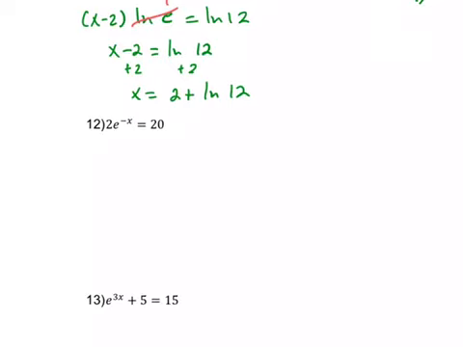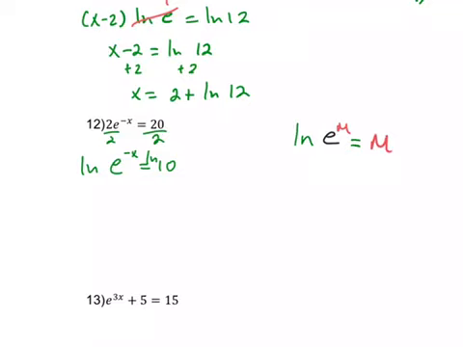On number 12, my first step, I'm going to divide by 2 because I want to isolate that e. So that means that I have e to the negative x equals 10. Right? So now I can apply the natural logarithm to both sides of the equation. So there's another property that we can also use. That means that the natural logarithm of e to the m just equals m.